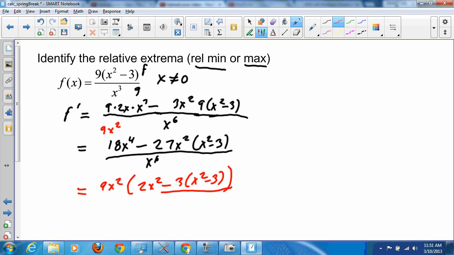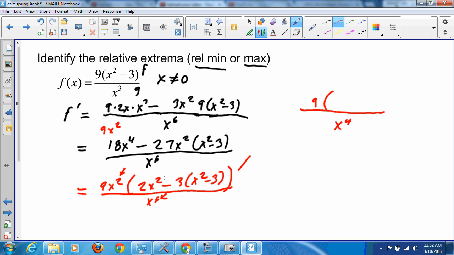And on the bottom we have x to the sixth. We have an x squared on top, x to the sixth, so the denominator can be reduced. We have x to the fourth, and on top we have just 9.